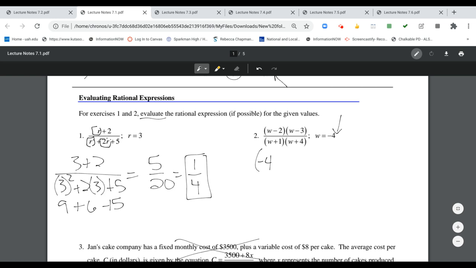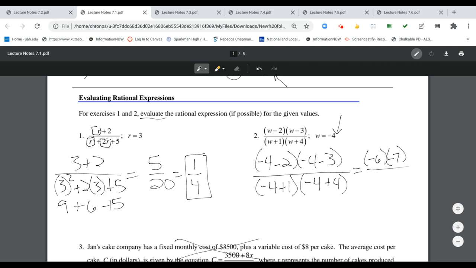So -4 minus 2, -4 minus 3 in the numerator, and then we have -4 plus 1 and -4 plus 4. So when I simplify this, I have -6 times -7 over -3 times 0, and I end up with 42 over 0, and that means my problem is undefined because you remember you cannot divide by 0.